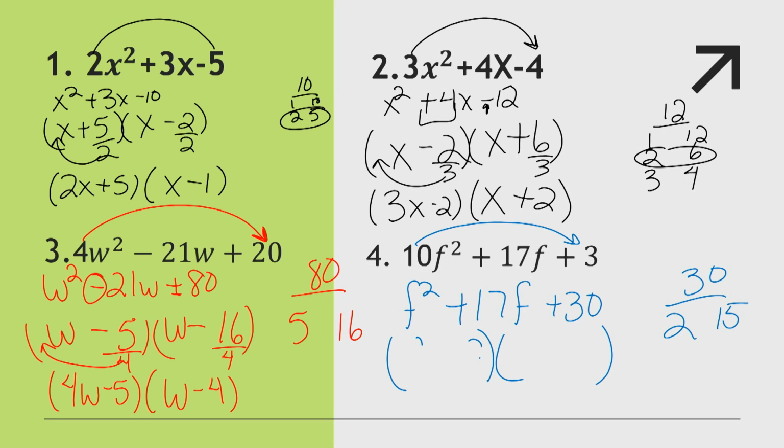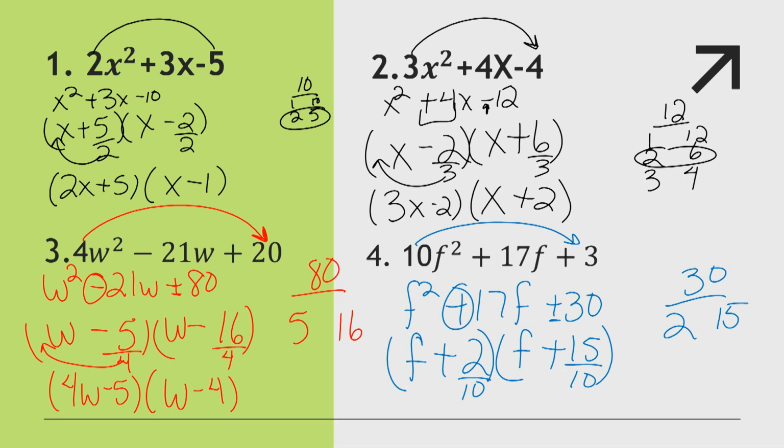So I have 2 and 15. My second operation is addition, so both of my binomials are going to be plus. Then I have my f and f. I started this problem out by multiplying that 10, so I'm going to divide that 10 back out. Neither one of my fractions is going to reduce to a whole number, so I'm going to reduce the fraction.